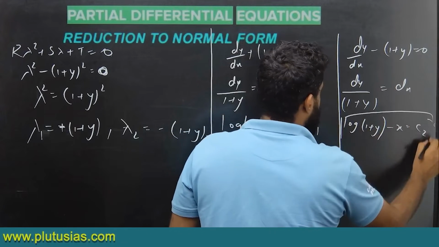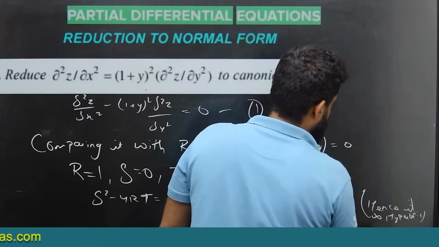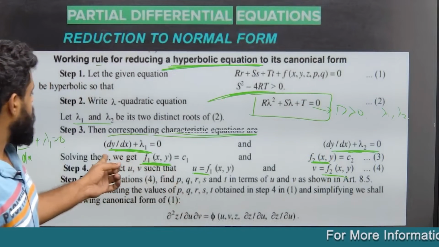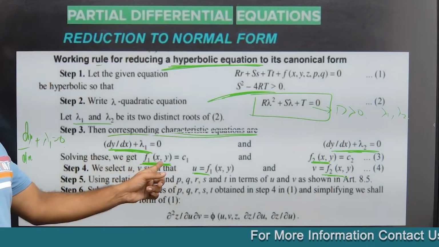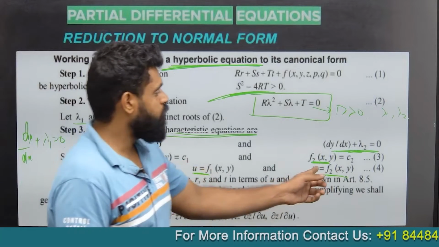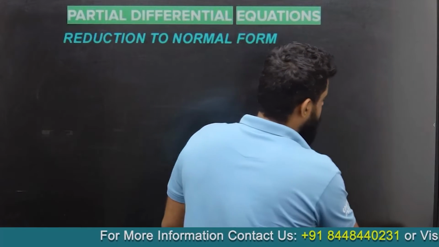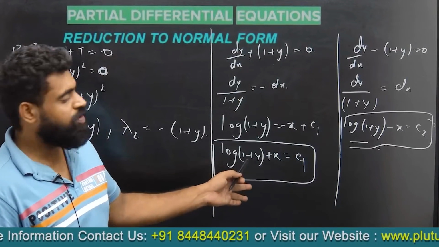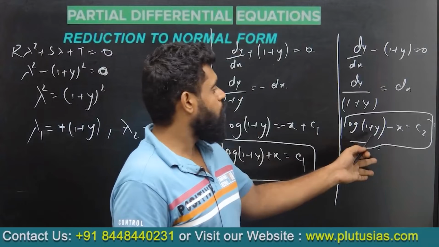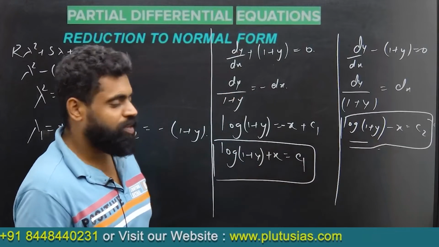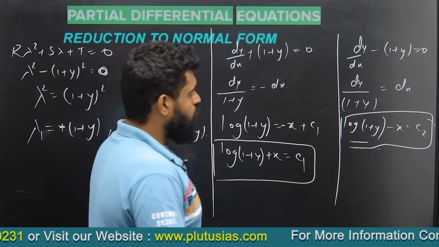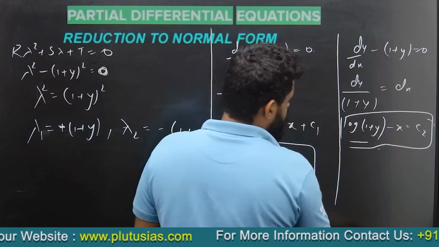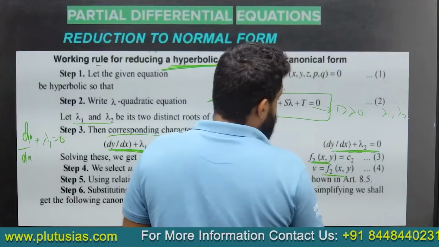Okay, so this is the other equation. So we have calculated f1 x y equal to c1 and f2 x y equal to c2, where f1 is log of 1 plus y plus x and f2 is log of 1 plus y minus x. Okay, so we get the two characteristic values.